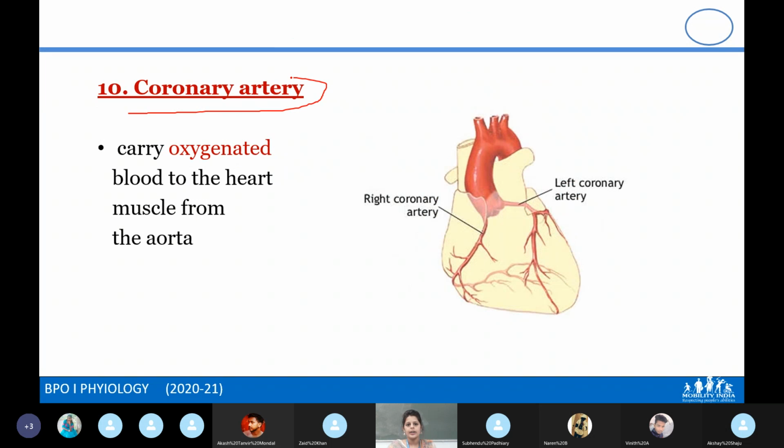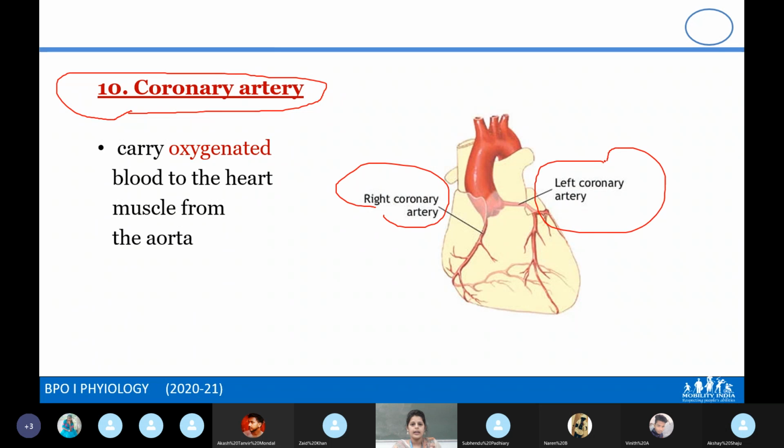Next, coronary artery. What is coronary artery? There are two, right coronary artery and left coronary artery. I said the heart is a muscular organ, as you all know. Muscle in the sense, obviously there supplies artery, vein and nerve. So to the heart muscle, the blood is supplied by coronary arteries.